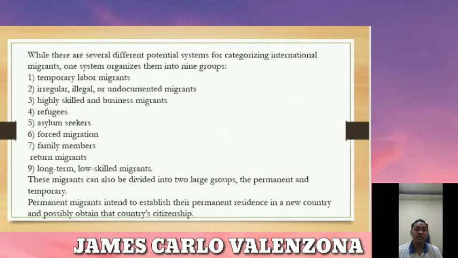These migrants can also be divided into 2 large groups. The first is the permanent and the second is temporary. The first is permanent migrants. These intend to establish their permanent residence in a new country and possibly obtain that country's citizenship.